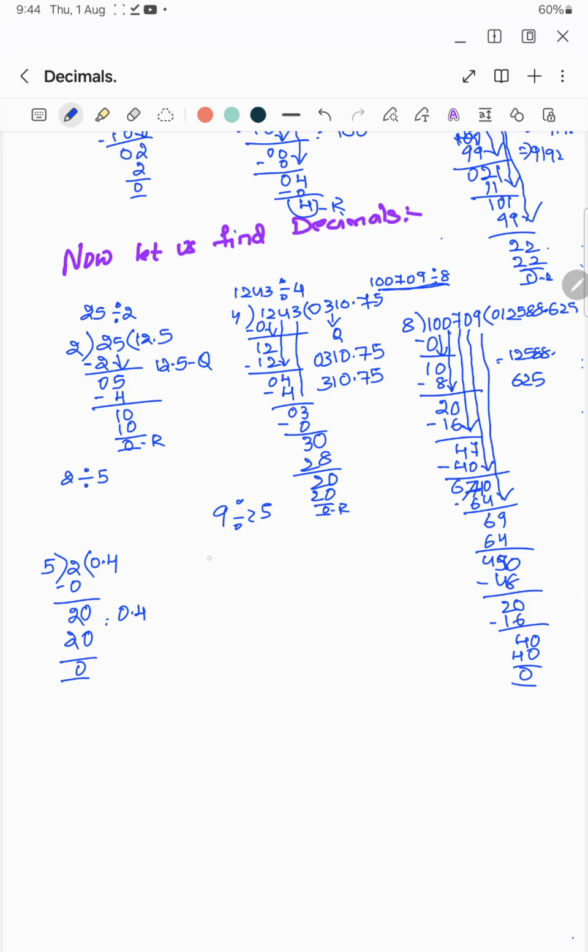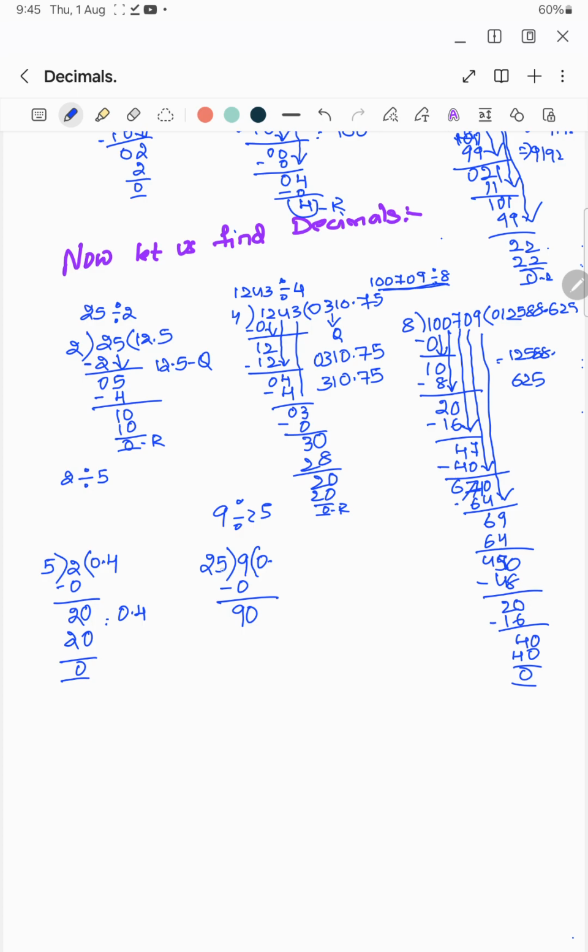Now 9 divided by 25, which means 25 is the divisor and 9 is the dividend. Take the first digit. 25 zeros are 0. So 9 is the remainder. So we will add a dot here and add a 0 here.